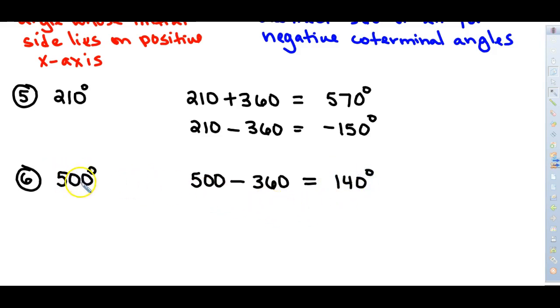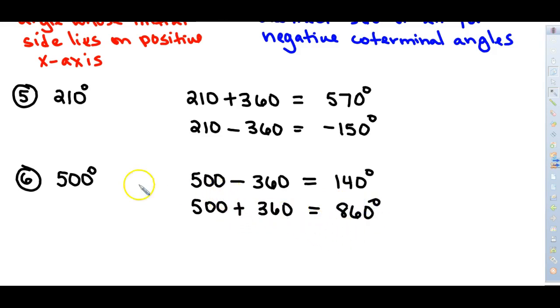Okay, and see, here I subtracted 360, but if I were to add 360, all that's going to do is give me another positive coterminal angle. Are you with me here?